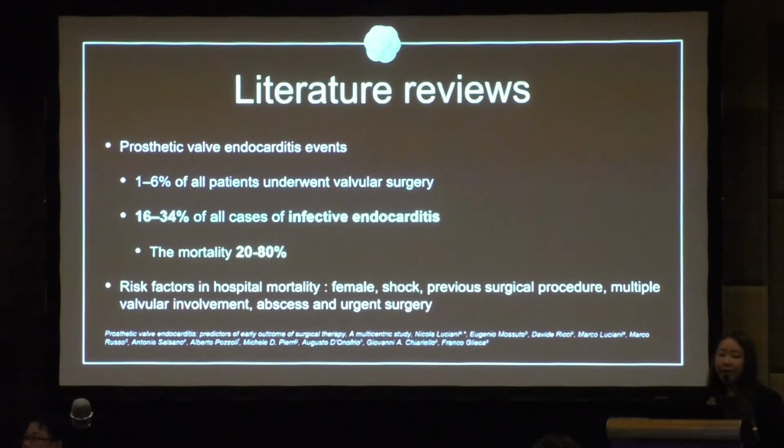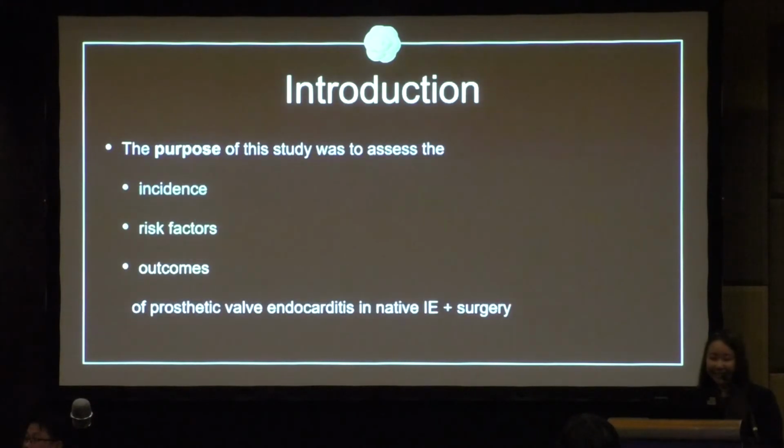In the specific IE group, there was around 16 to 34% incidence, and the mortality was increasingly high and wide, around 20 to 80%. The risk factors for in-hospital mortality were female patients, shock, previous surgical procedure, multiple valvular involvement, abscess, or urgent surgery.